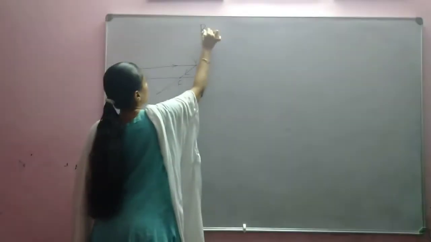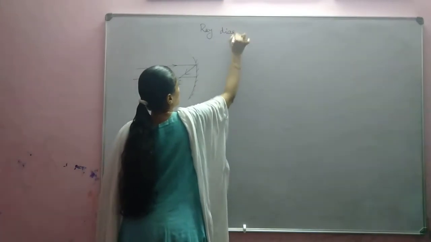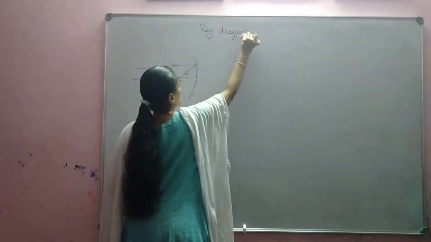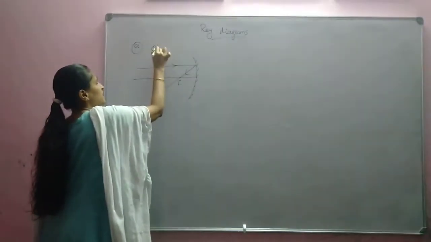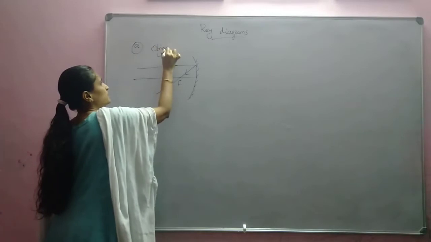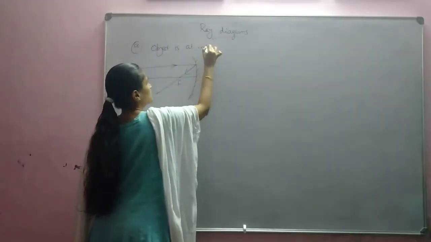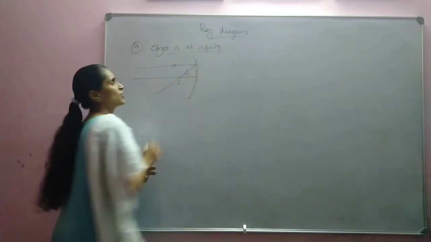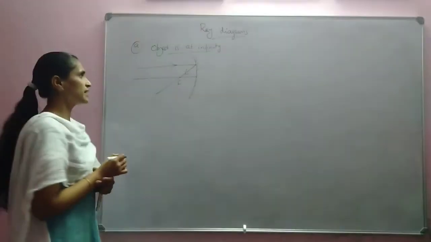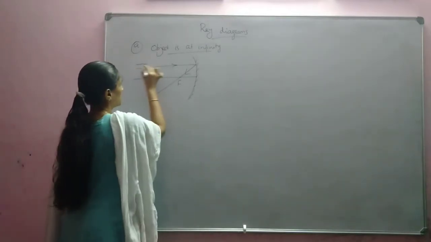So we can see various ray diagrams. The first case is that the object is at infinity. When the object is at infinity, the rays coming from the object will be parallel.